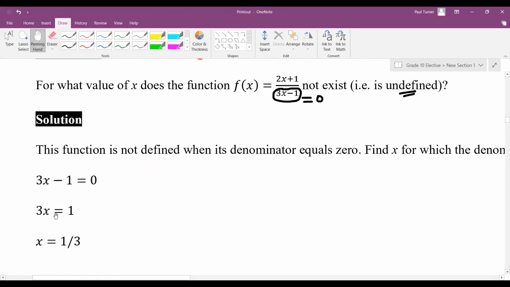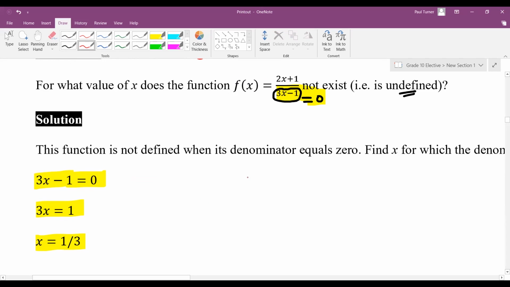So if that equals 0, the function's undefined. I did it down here. So 3x minus 1, if that equals 0, we just rearrange it and we'll get x is 1/3. So that means your function is undefined. There is no graph at that point. And we learn that a little bit more later. So if you tried to graph this at x equals 1/3, there's no graph.